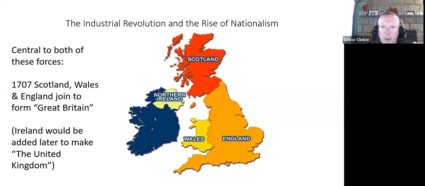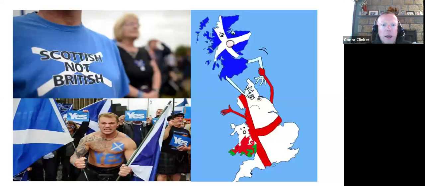Now, let me go back to this map for a minute. England and Scotland, pretty similar. They share geography, they share certain history and culture, etc., but they're different. And about 10 years ago, there was a referendum, an election in Scotland, and they very nearly voted to declare independence and to say Scotland is going to be an independent nation, no longer part of the United Kingdom.